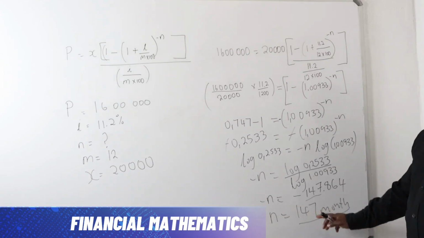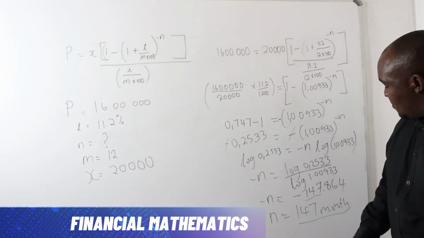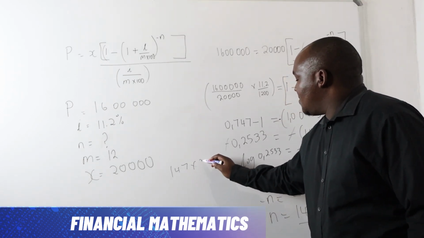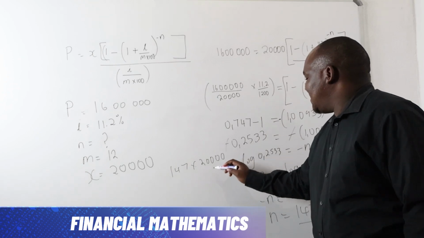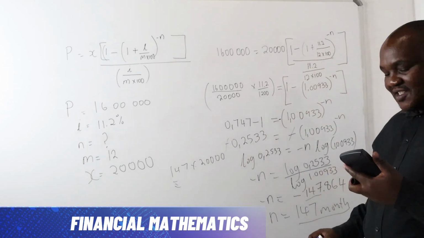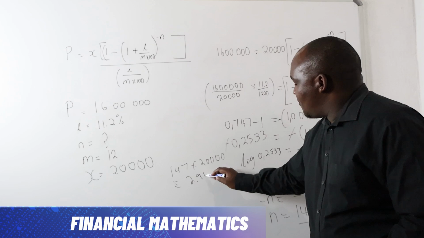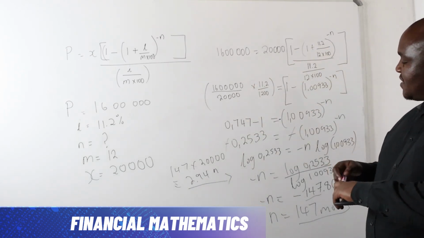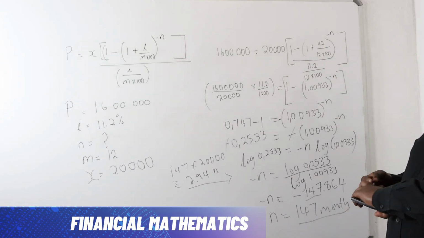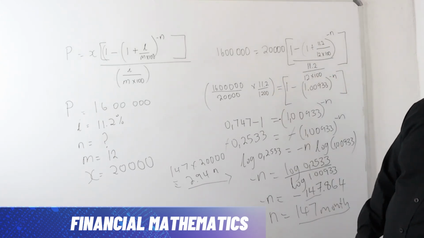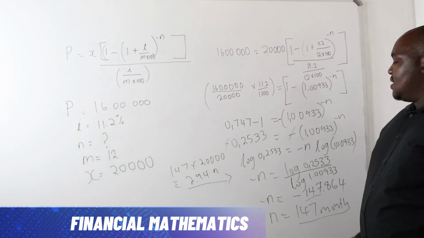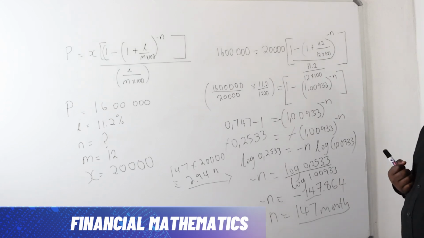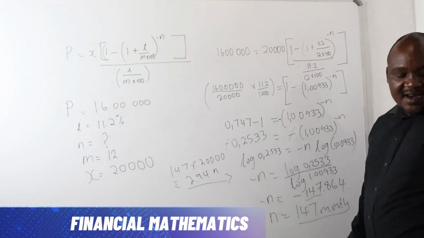It means the total amount of money that he's going to withdraw is 147 multiplied by 20,000, which is equal to, let's check, 2.94 million. So by just taking 1.6 million and investing in a fixed account, the total money that he's going to withdraw, if he withdraws 20,000 every month, is going to be 2.94 million.